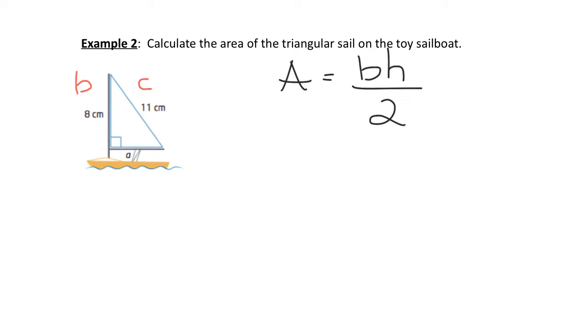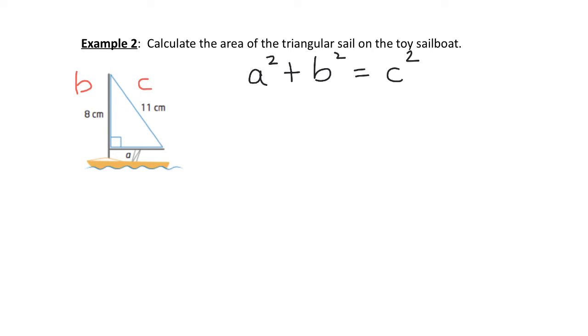And in order to solve for the missing side, we are actually going to have to use Pythagorean theorem. So I've put the formula for Pythagorean theorem on the screen, and we're going to go ahead and fill in whatever information we have. So we don't have a value for side A, so we're just going to keep it as a squared in the formula.